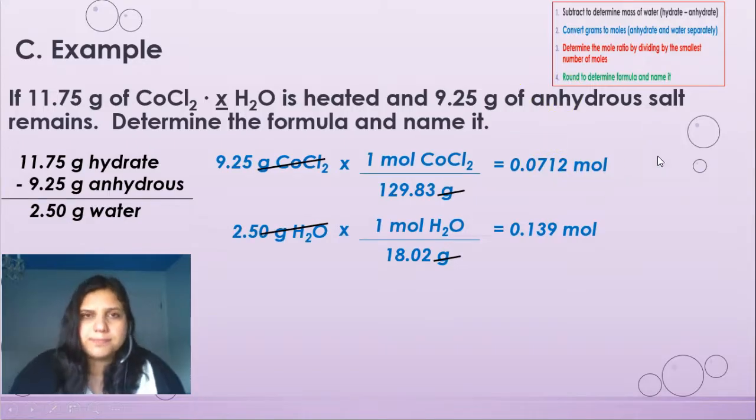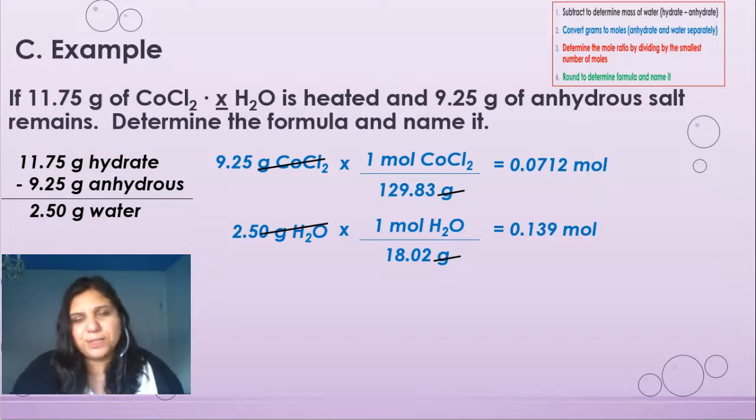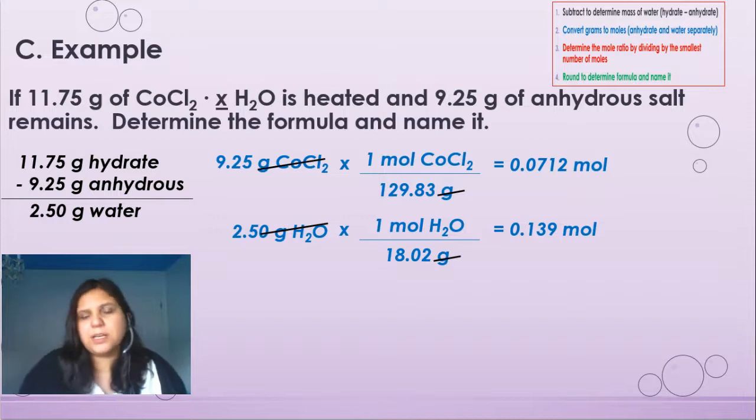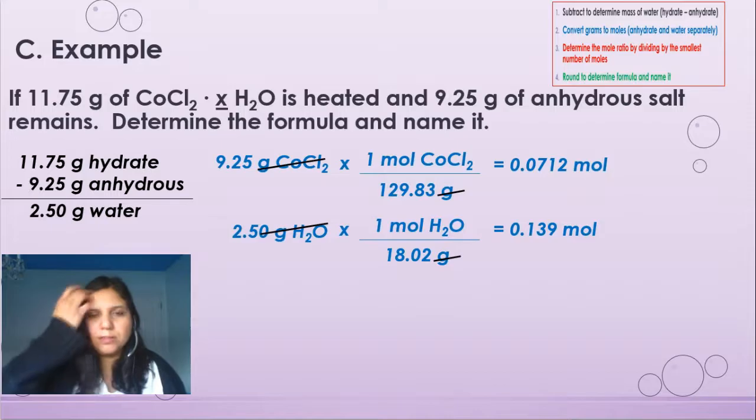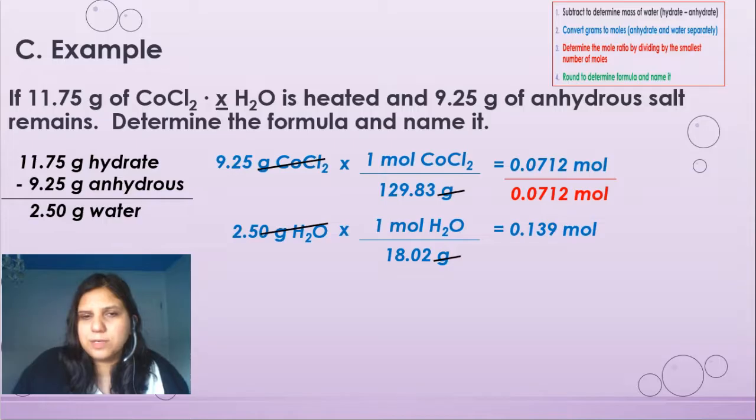So most of the time, it should work out to where the water is bigger than the cobalt chloride. Sometimes they'll be just a little bit different because they're 1-to-1, but you really shouldn't end up with the water being a smaller number. All right, so we'll divide both of these by the smallest number of moles, which is 0.0712. Dividing this one, and I'm also dividing the water moles.